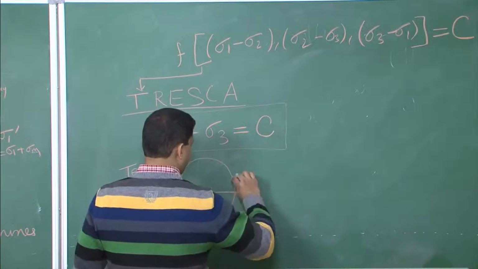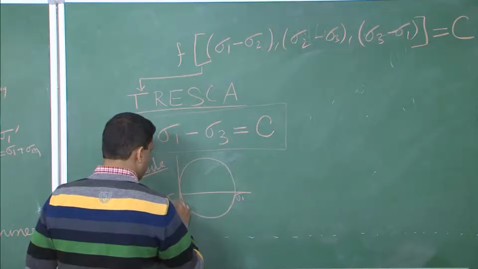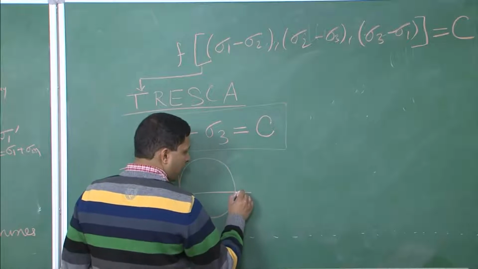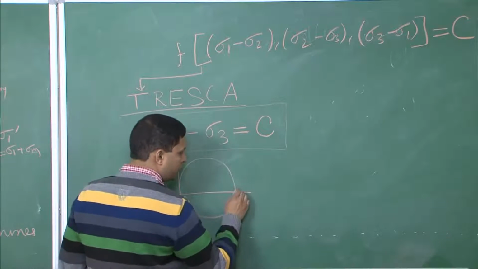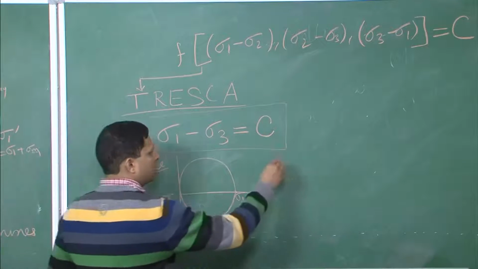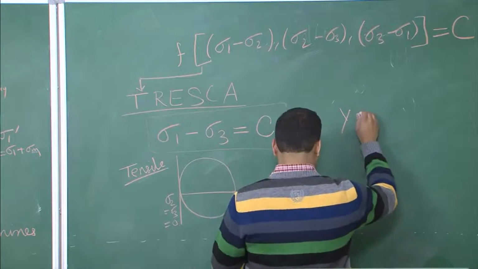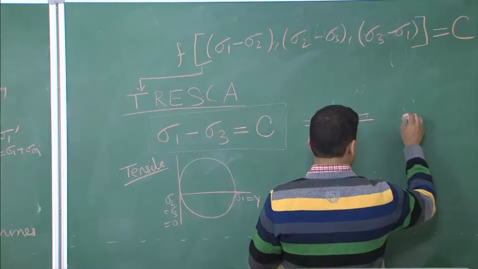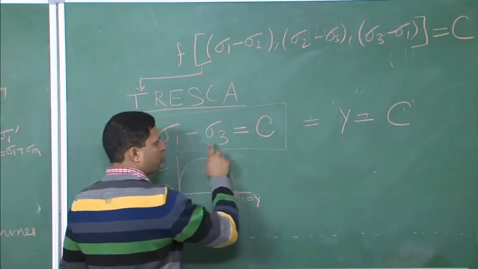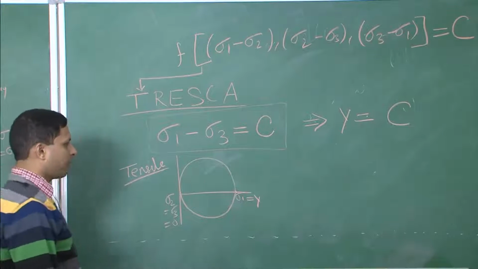If it has just started, this is sigma 1, and sigma 2 equal to sigma 3 will be equal to 0, and if it has just begun to yield, then this value must be equal to Y. So, now let us put this over here and we see that Y is equal to C, sigma 1 is Y, sigma 3 is 0. So, this implies that C is equal to Y.